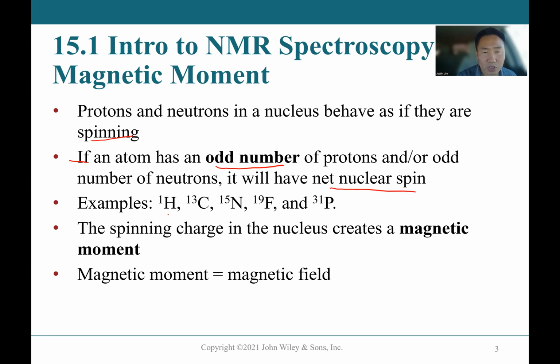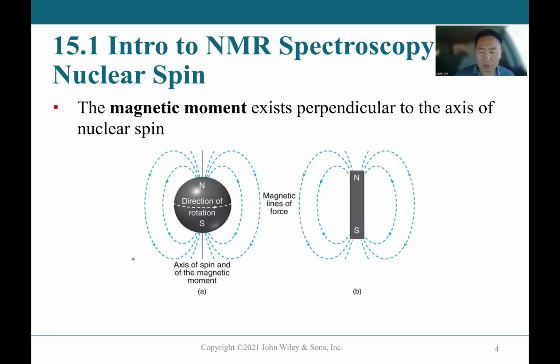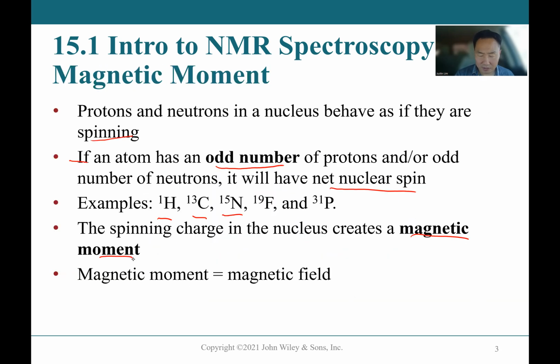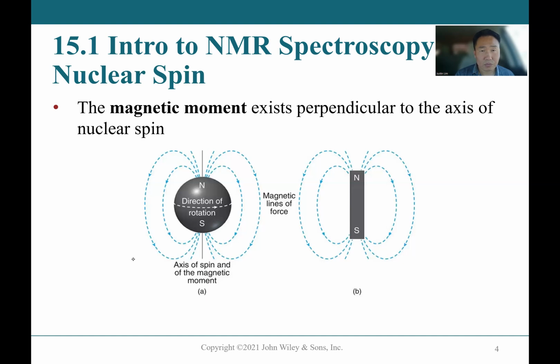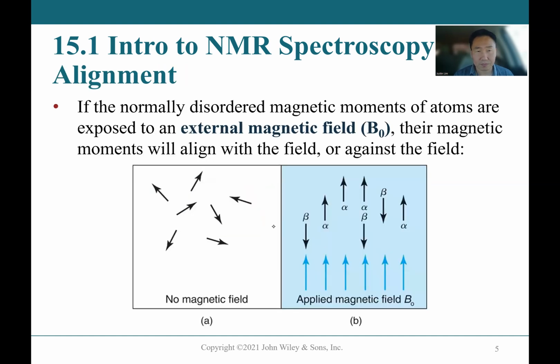Examples: proton NMR, carbon-13, nitrogen-15. A spinning charge in the nucleus creates a magnetic moment, which is a magnetic field. The magnetic field exists perpendicular to the axis of the nuclear spin. You can see the nuclear spin and magnetic field.